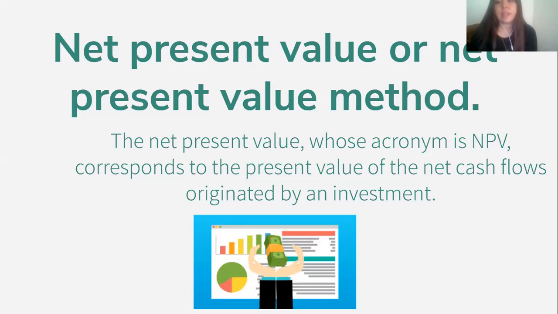This is equal to 4,477,488.41 Mexican pesos. And this confirms that the net present value is correct, since the income is greater than the expenses. And next.